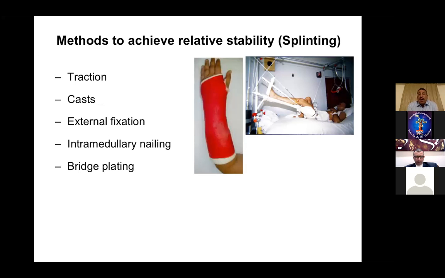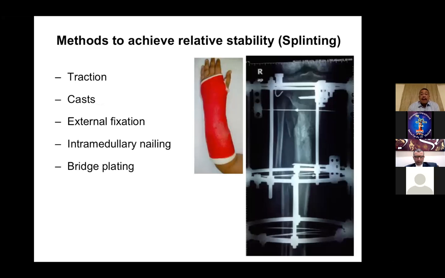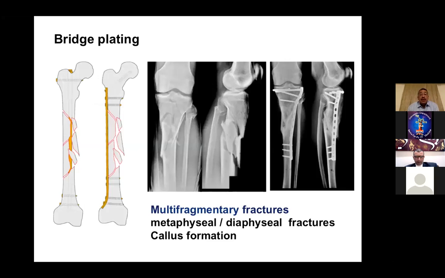All methods are splinting techniques of the fracture: traction, for example, plaster cast, external fixation, intramedullary nailing, bridging plate. All these techniques aim to give some stability adequate enough to let the newly formed callus proceed to hardening and form the hard callus, to minimize the strain at the fracture zone, and not to interfere with the blood supply of bone fragments.